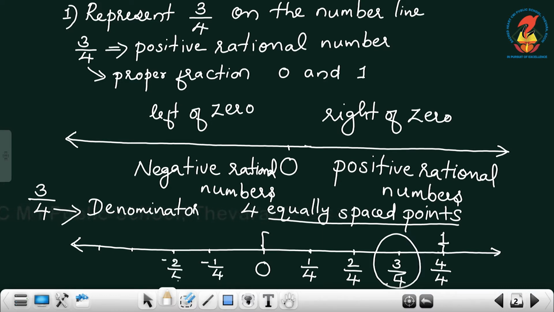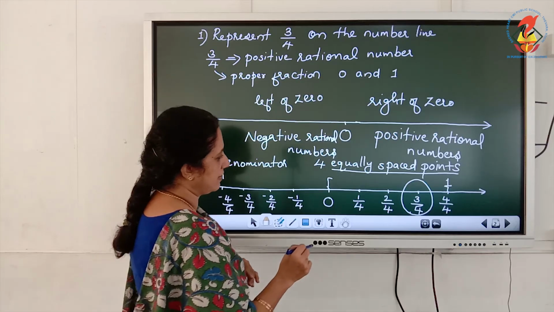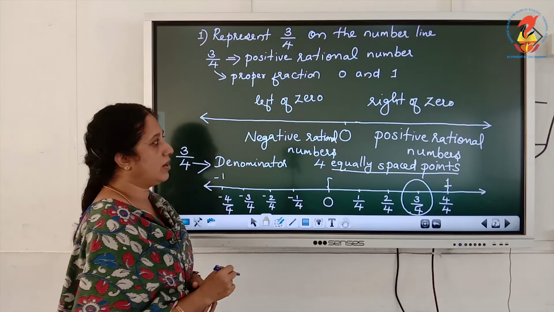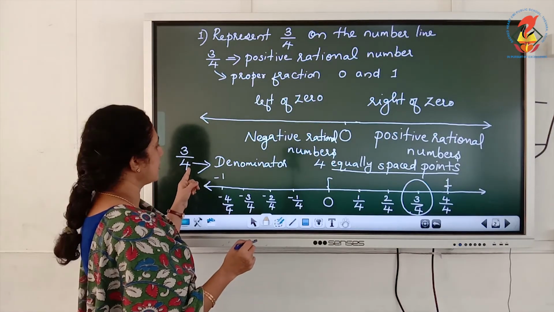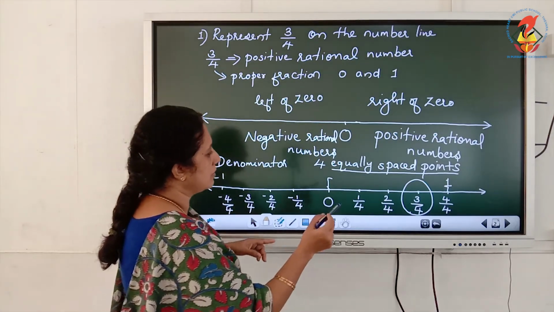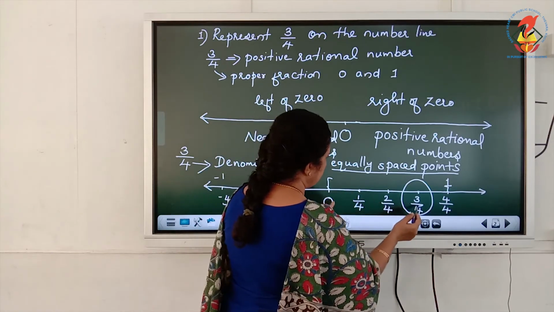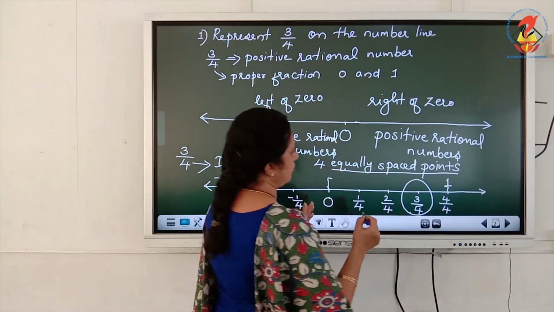Here the second point you can take as negative 2 by 4, negative 3 by 4 and negative 4 by 4, and negative 4 by 4 is equal to negative 1. I think you understood how we can represent the rational number 3 by 4 on the number line. So the rational number 3 by 4 lies between 0 and 1.